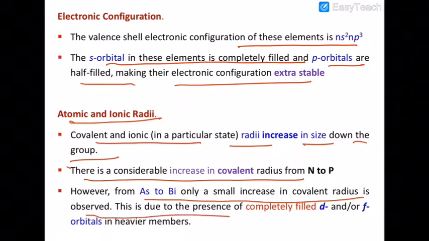This is because between arsenic and bismuth there are d electrons and f electrons, and d and f electrons have a very poor shielding effect, so they are not able to shield the valence electrons effectively. So these valence electrons experience an extra charge from the nucleus.